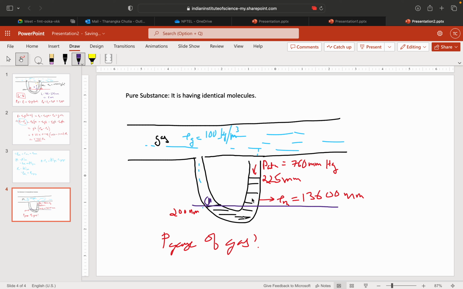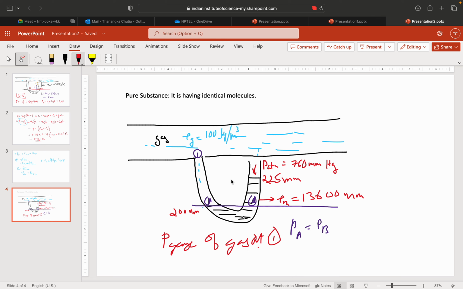I take this point as A and this point as B, so the pressure at A equals the pressure at B. If you ask me to calculate the gauge pressure of the gas, you should also tell me at which point you want to calculate, because now it will be different at each point, since the density of the gas is provided and the rho g h effect comes into the picture. Suppose I want to measure the gauge pressure of the gas at point 1.